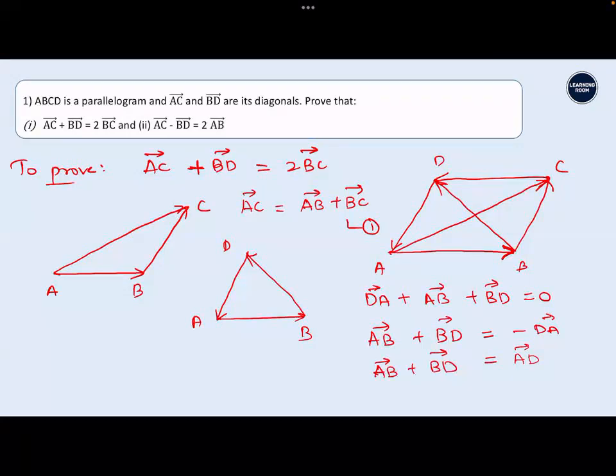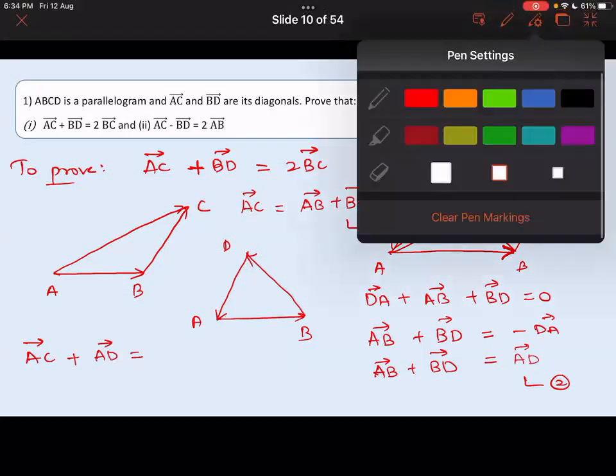Right? Now what are we supposed to find? AC vector plus BD vector is what we need to find. So if I add the first equation and second equation, I'll add the left hand sides.